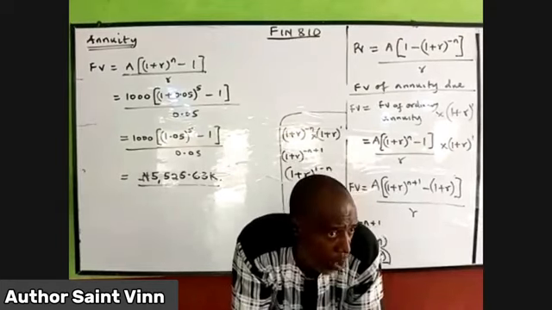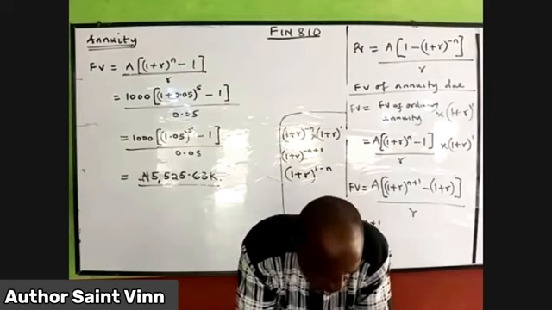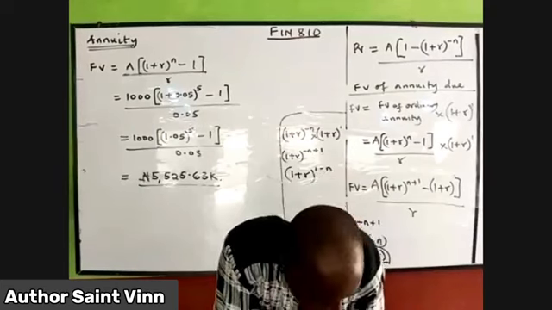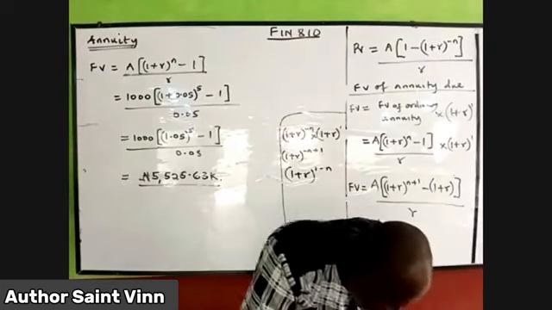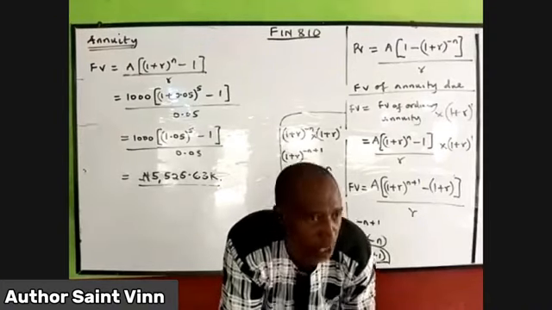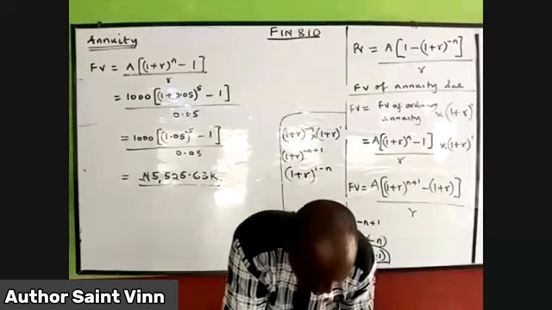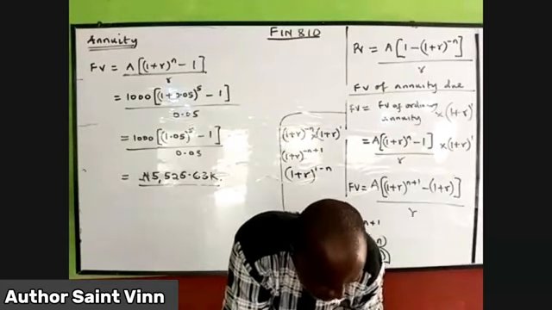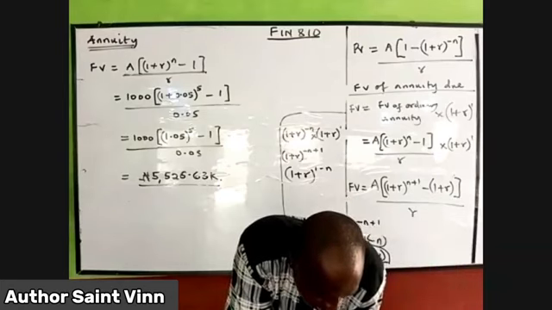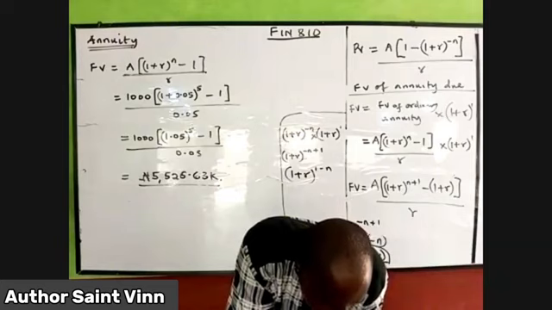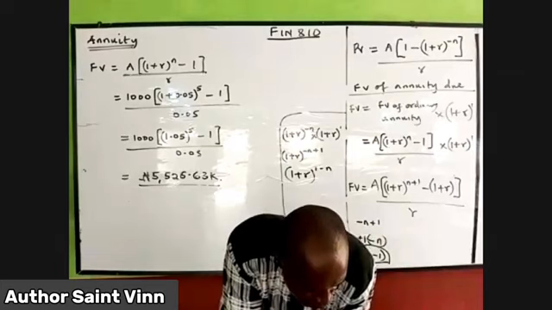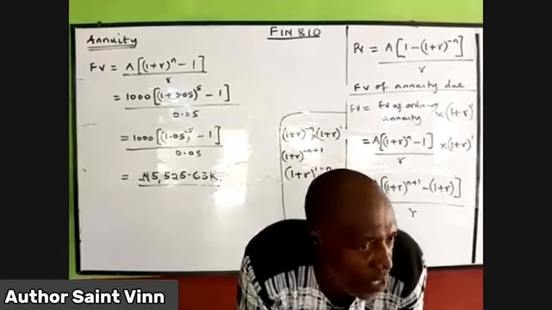Question A, this one was number 2, so question 2A. If the appropriate discount rate is 4%, what is the present value of the annuity?